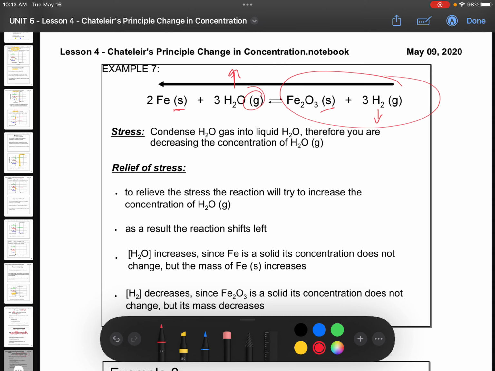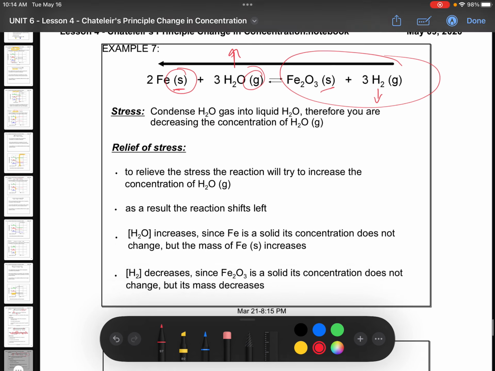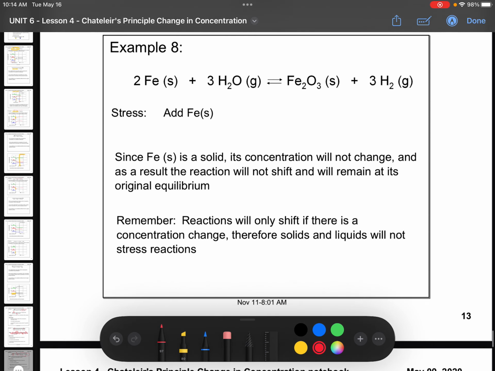Because we have more of our products than reactants, we want to decrease it. If it's a solid, once again, the concentration doesn't change, just the mass is going to change. And the same thing with our products, because it's a solid, the mass is just going to increase, okay? Not the concentration of it.